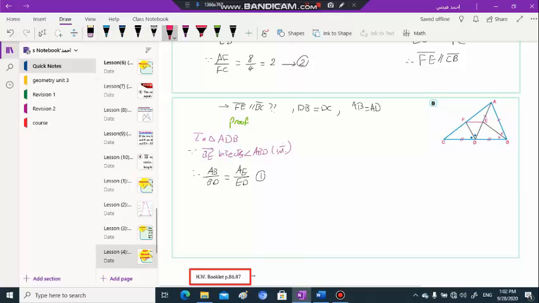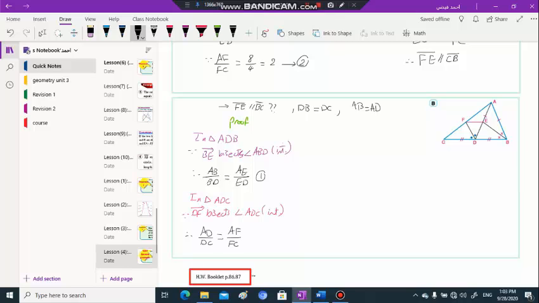And since we're in triangle ADC, we have DF bisects angle ADC internally, therefore AD over DC equals AF over FC.